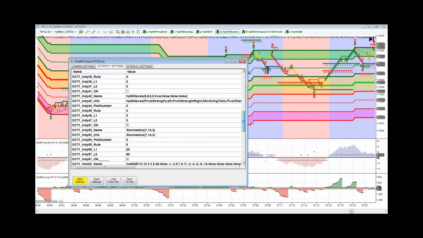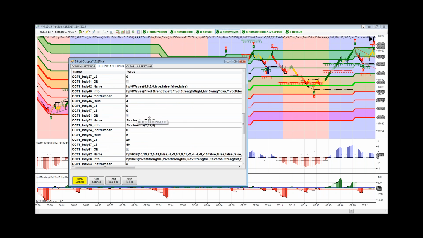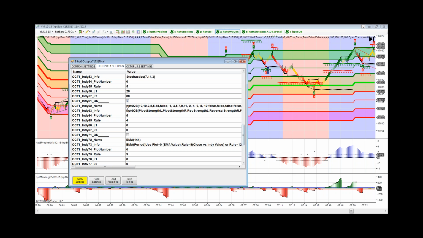Then in addition to that, there's a stochastic filter that's in here that basically also has to provide that the market has to be in a certain stochastic threshold for that. If you recall from the stochastic works before, this is actually the red one, above 80 for shorts, 20 or below for longs. Okay, now this is the QB indicator. What you have to concentrate on here is what numbers are positive.